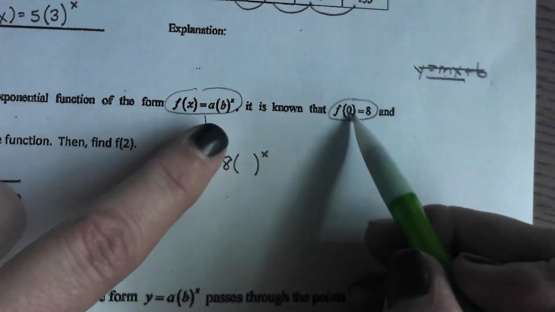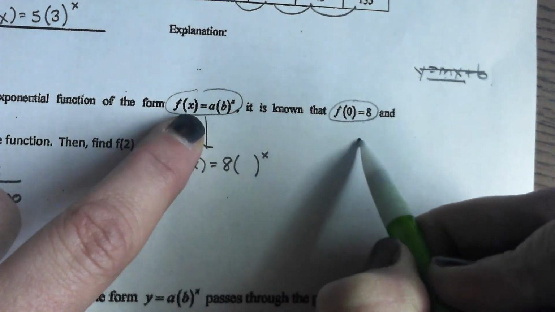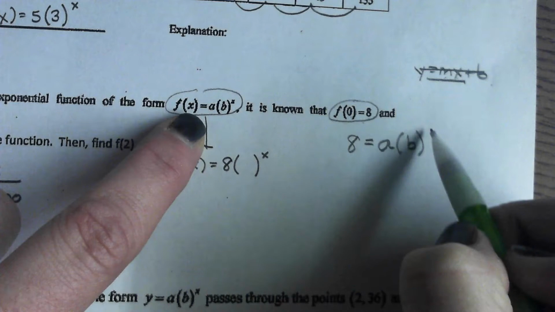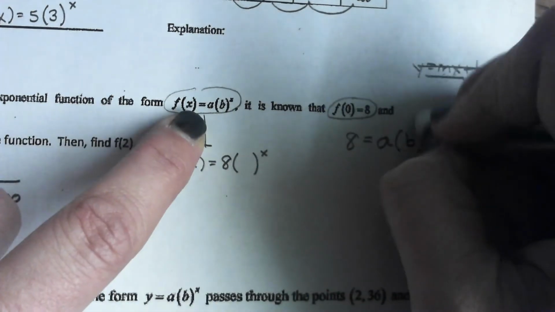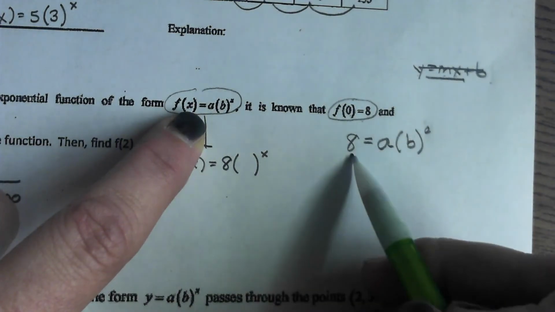If you know that when x is 0, y is 8, we're going to plug that in. That'll give us 8 equals a times b to the x power. But it's not the x power, it's the 0 power. So x is 0, y is 8.